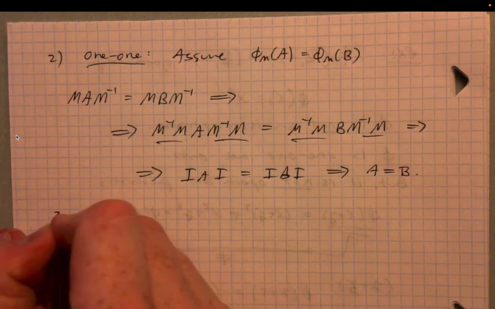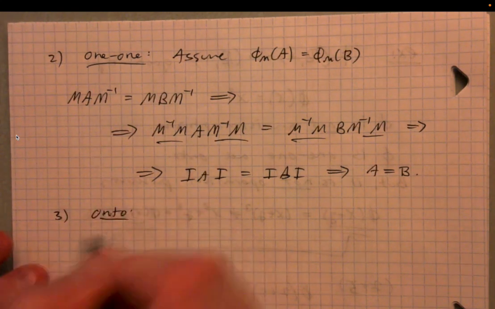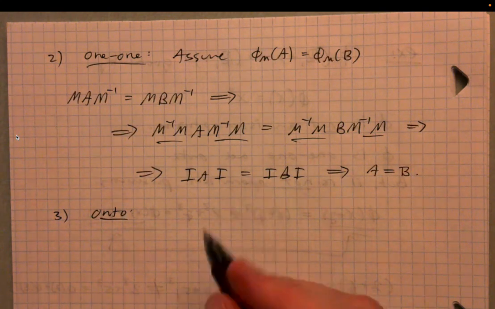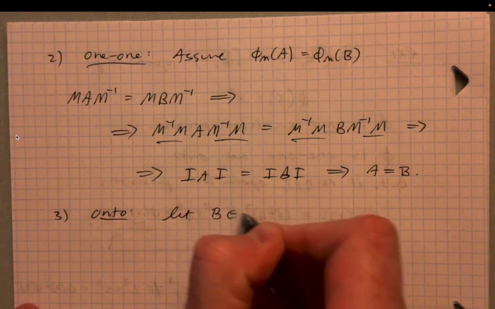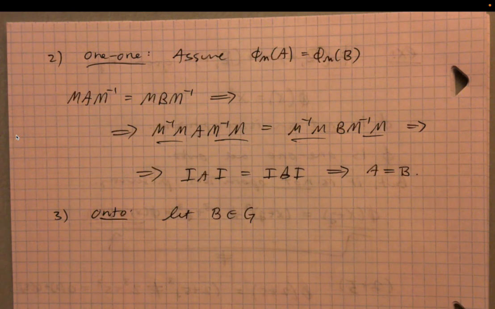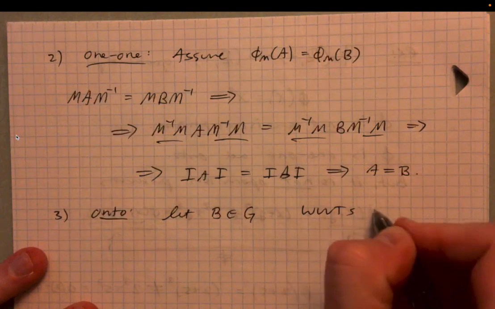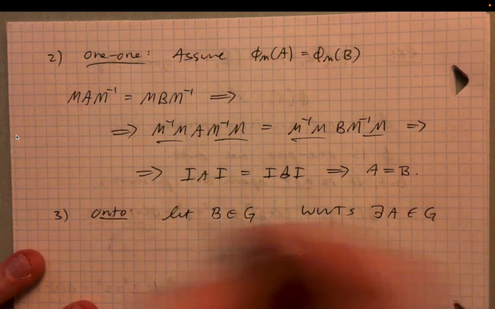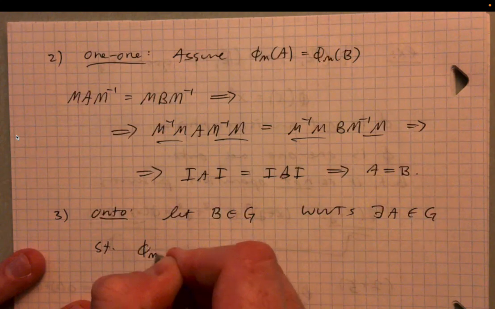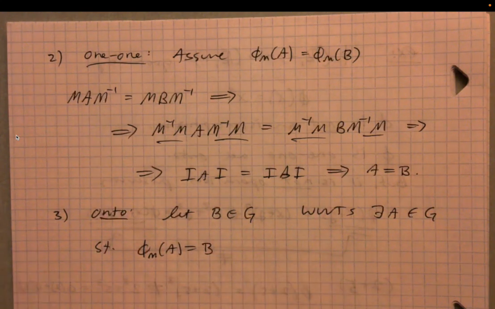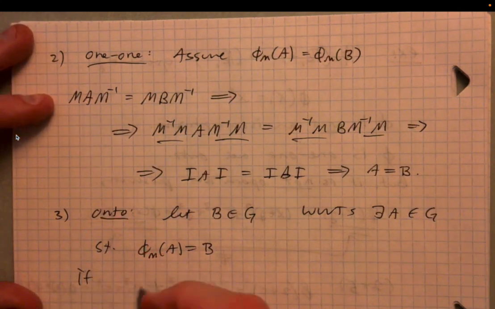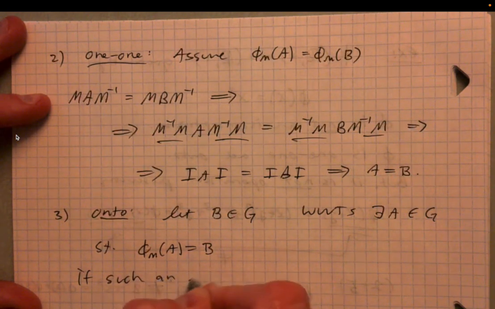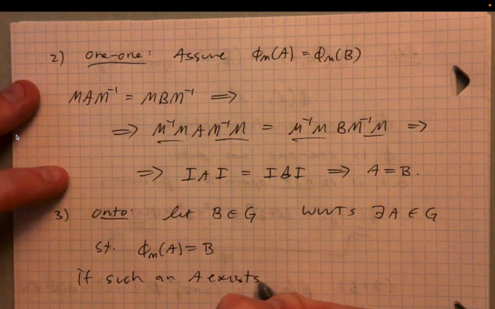Onto. Is it onto? Let B be in G. We wish to show there exists an A in G such that phi of M of A equals whatever this B happens to be. If such an A exists, what would it mean?